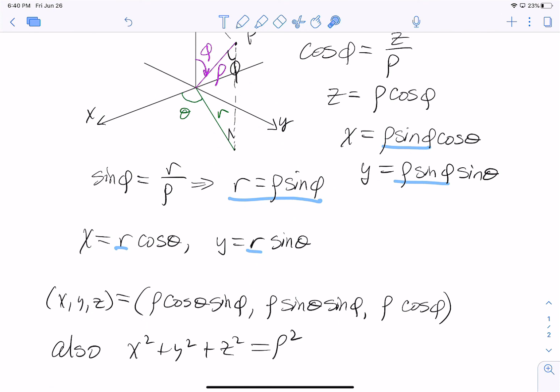If you're thinking that that looks like the equation of a sphere of radius rho, you're exactly right. In fact, if we had, say, x squared plus y squared plus z squared equals 25, that would translate to rho equals 5. Folks, these are both ways to express a sphere of radius 5, and you can see why spherical coordinates have their name. It's really easy to represent a sphere in these coordinates.